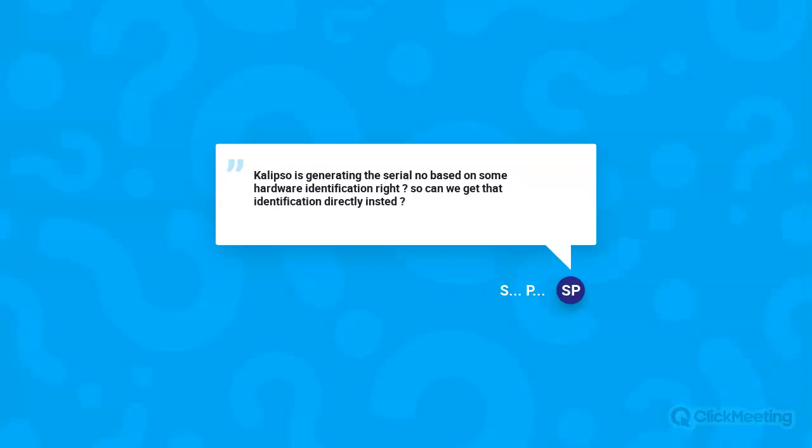Replying to the second question, no. It's a combination of hardware and other things. That's why if you reset, the serial number will also reset, but that number is not anywhere in the system. So that's just for Calipso.